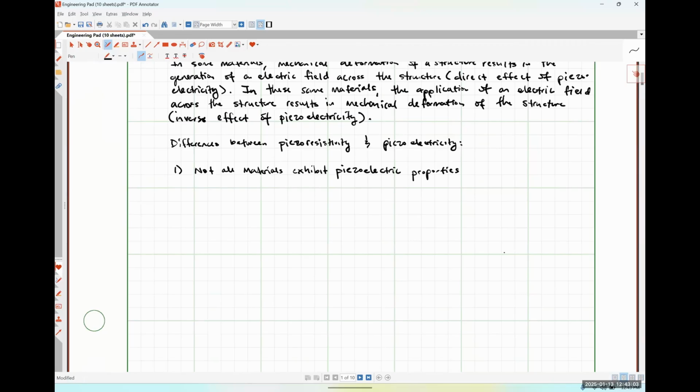Only materials that exhibit some form of charge asymmetry in their structure will be piezoelectric.